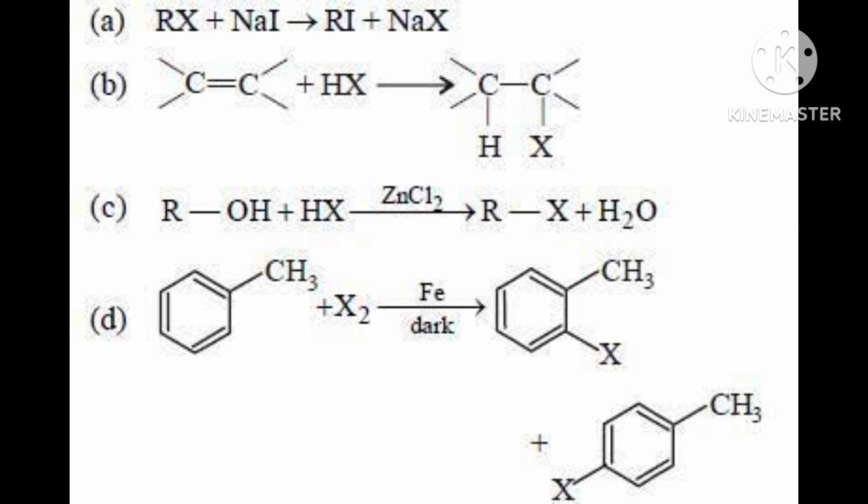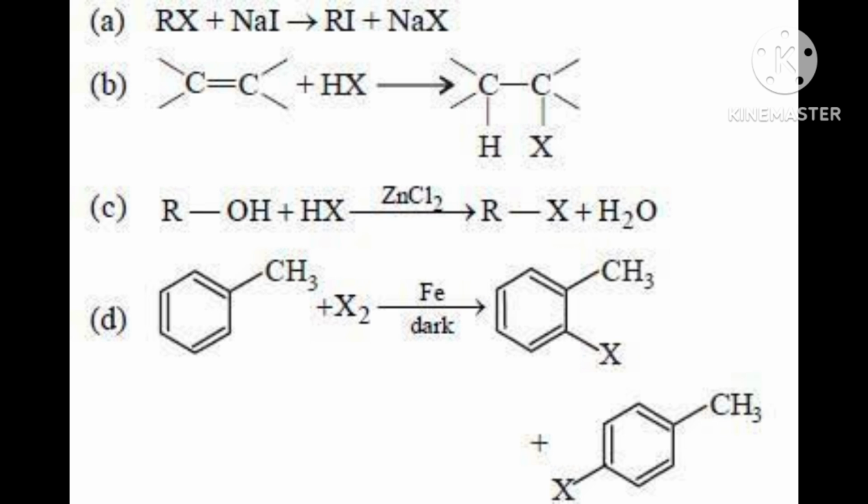Precipitated means you can filter it. It facilitates the forward reaction according to Le Chatelier principle. The forward reaction means it will give RI that you can separate. The solvent is acetone.